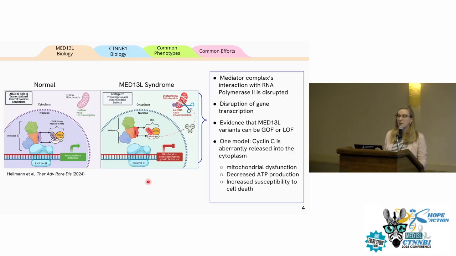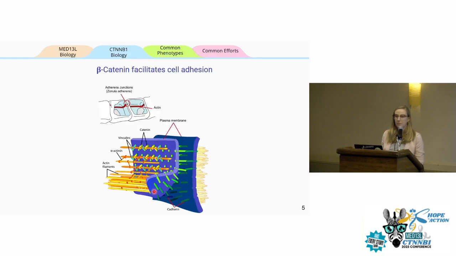And there's evidence that these variants can be either gain of function or loss of function, so you may actually have disruption going in either direction. One model is that this causes cyclin C, which comes together with MED13L, to be aberrantly released into the cytoplasm, which then leads to mitochondrial dysfunction, decreased ATP production, and increased susceptibility to cell death.